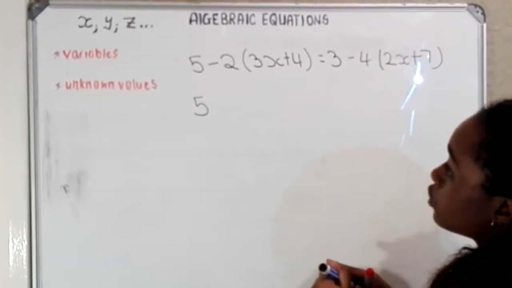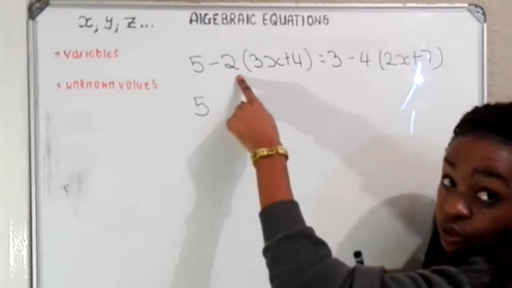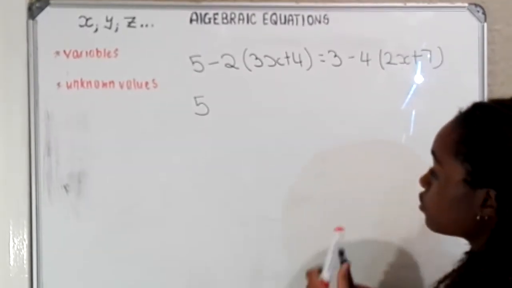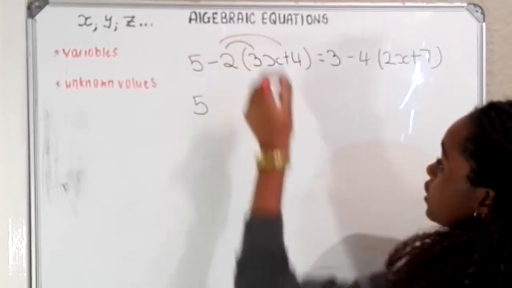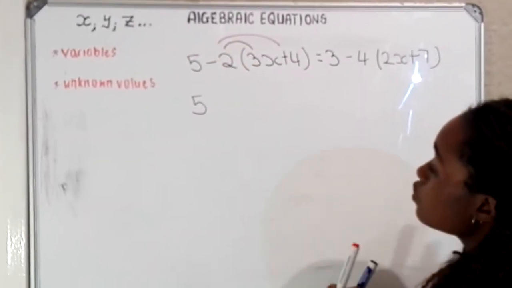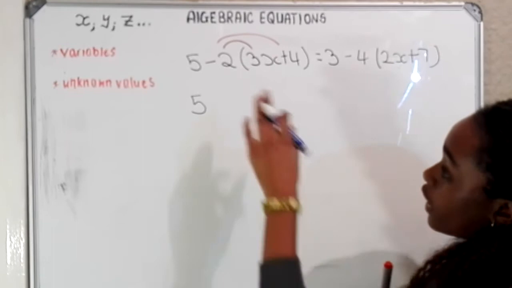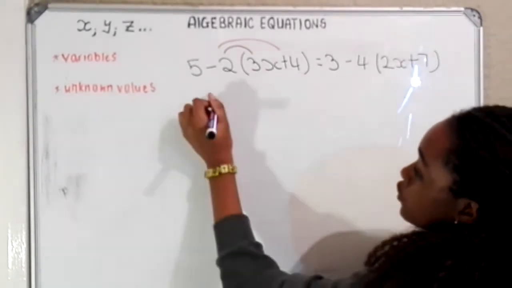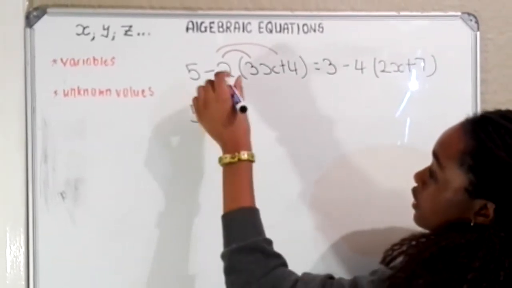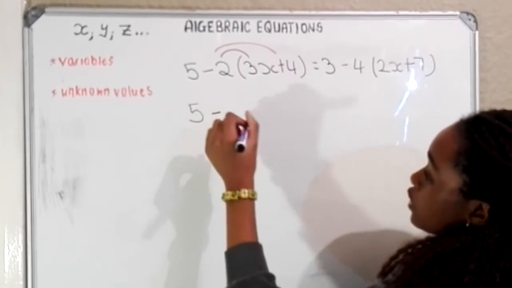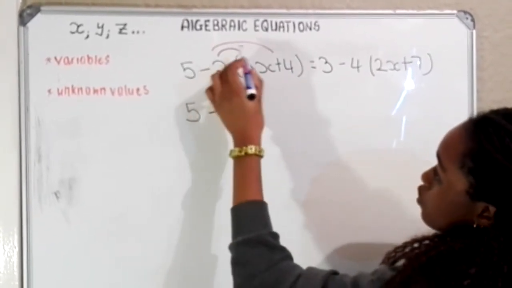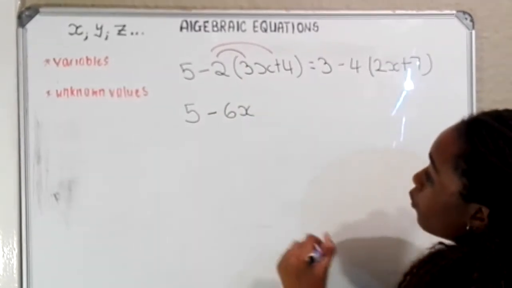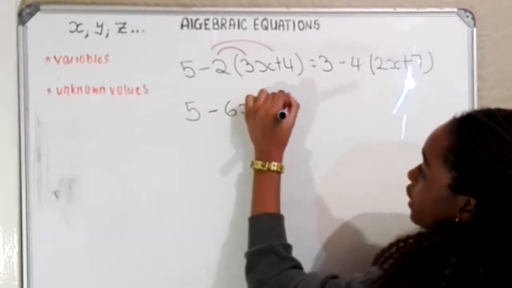So we'll distribute negative 2 into our brackets. So negative 2 times 3x, so negative and positive gives you a negative answer. Negative 2 times 3x will be negative 6x, okay? Negative 2 times positive 4 will give you negative 8, okay?